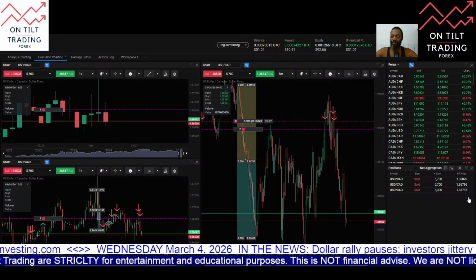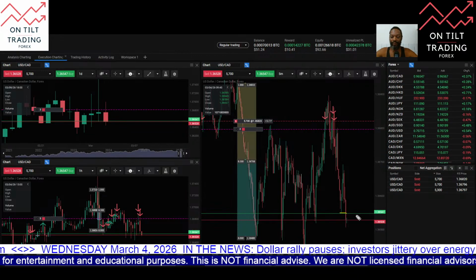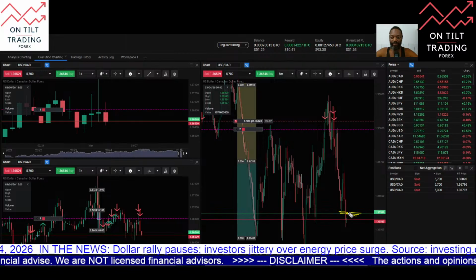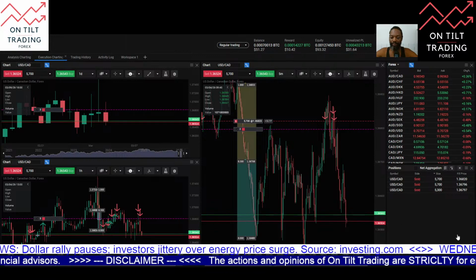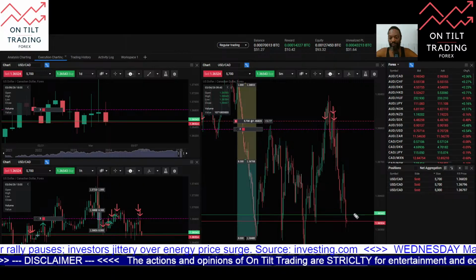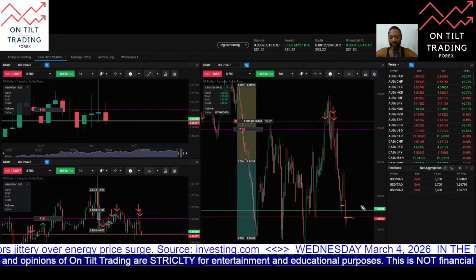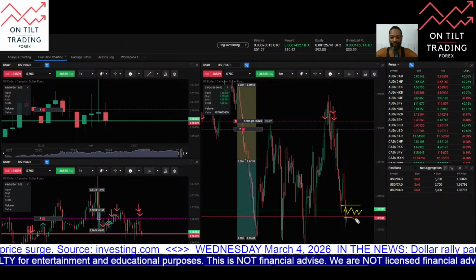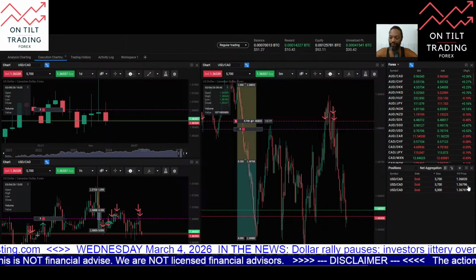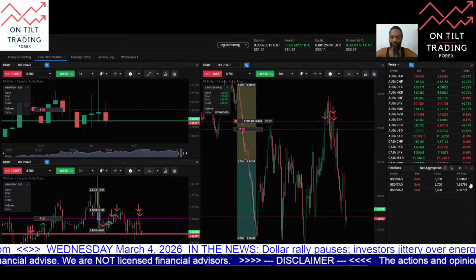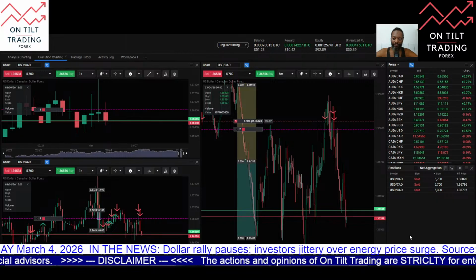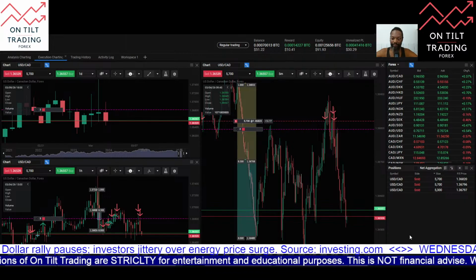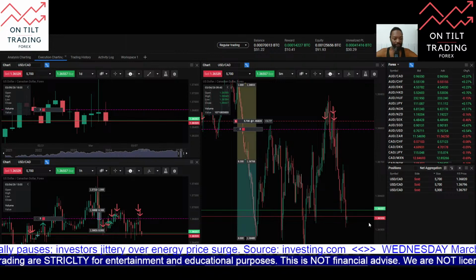Price may want to retest this break of structure level here on the 5 minute before choosing a direction. There's also the potential this candle closes here for a fair value gap to form here, again for price to use to trade in, to potentially trade lower here. But whatever price is going to do, it may take some time to sort itself out. And I'm going to let it do that for now.